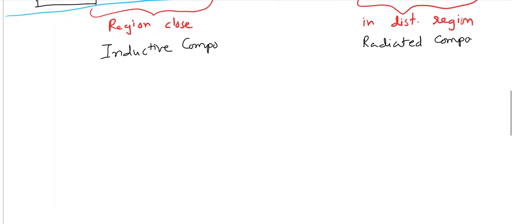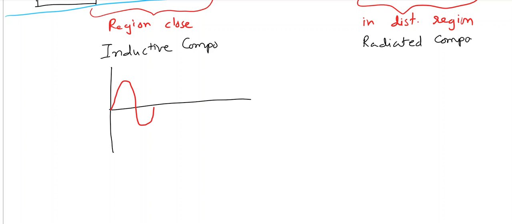What is the difference? The difference is in the near region, if you look at the electric field and magnetic field, suppose I describe the electric field as this. See what is happening here.